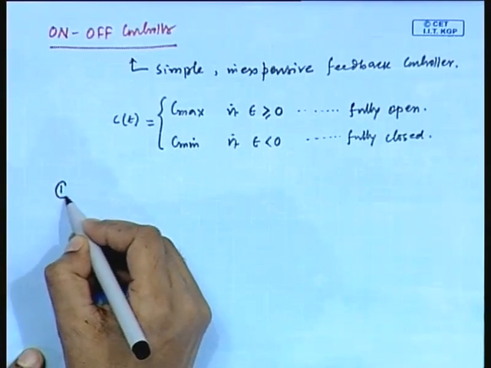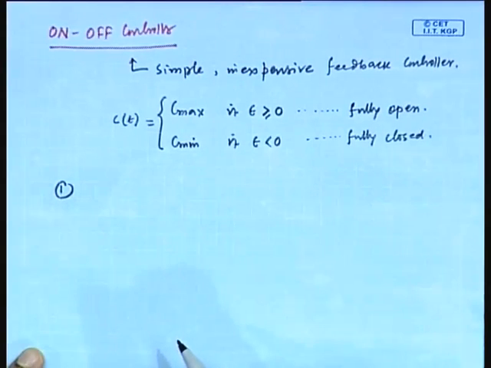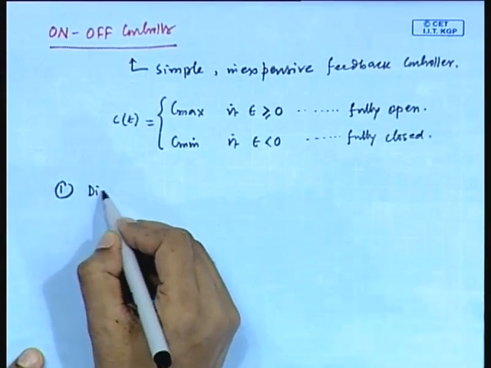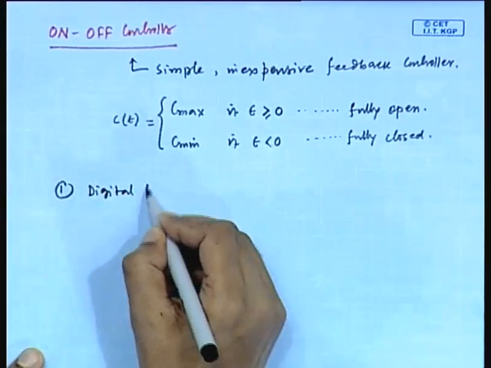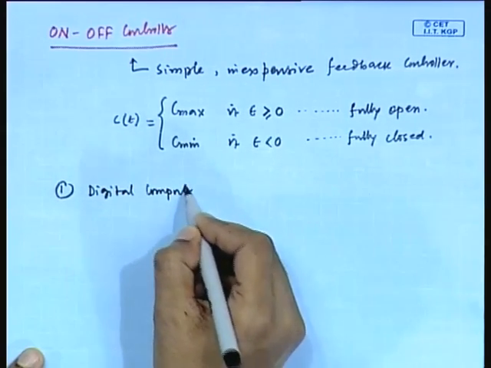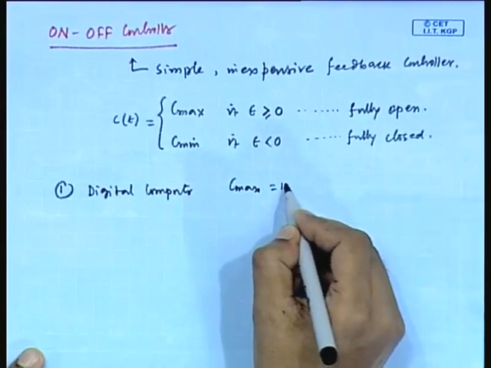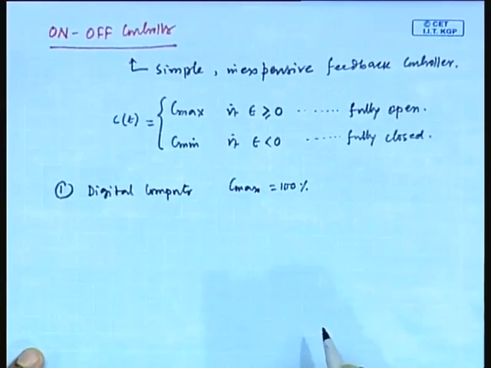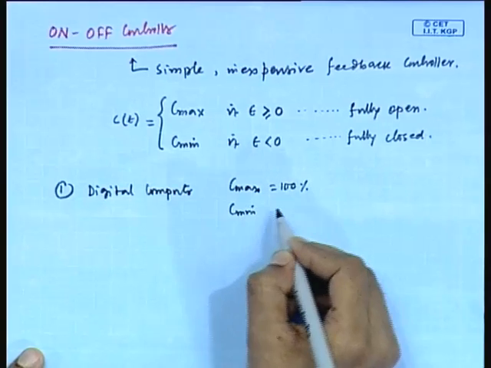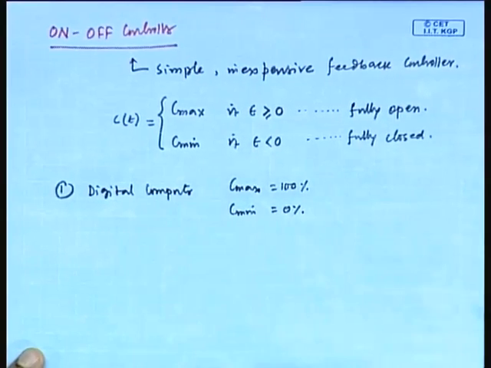Fine. Now, we will consider a few cases. For digital computer implementation, Cmax indicates 100% and Cmin indicates 0%.